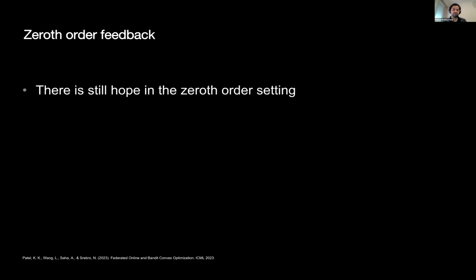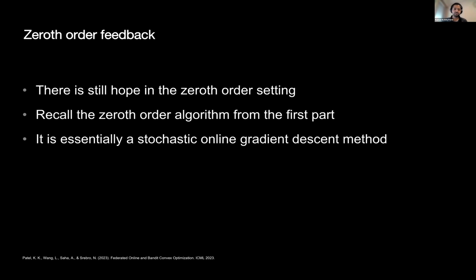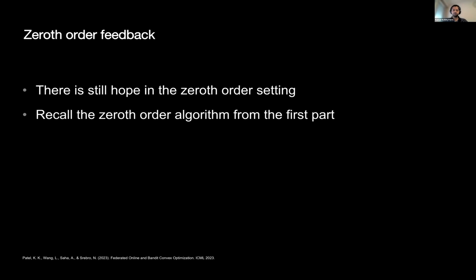Okay, so is there then no hope in the online distributed setting? Is there no hope to benefit from collaboration at all? There is actually hope, and it comes in the zeroth order or the bandit feedback setting. So recall the bandit feedback setting, which Aadirupa just mentioned. The kind of algorithm which she described, both for single and multi-point feedback, was like a stochastic gradient descent algorithm, right?